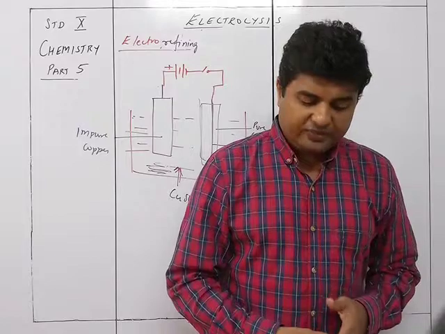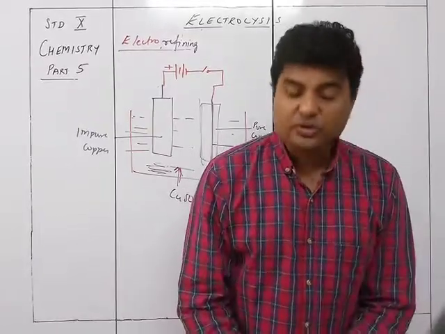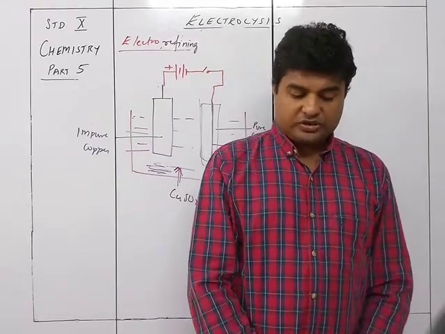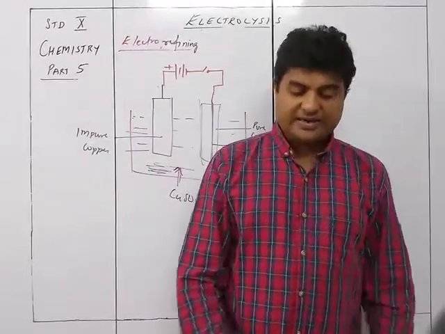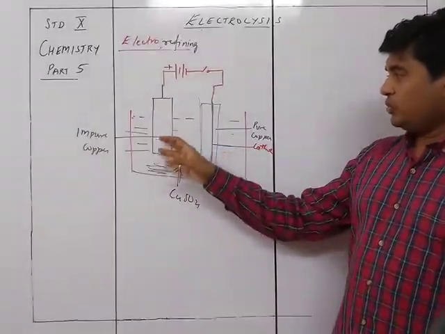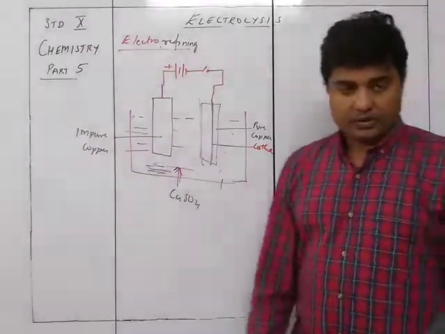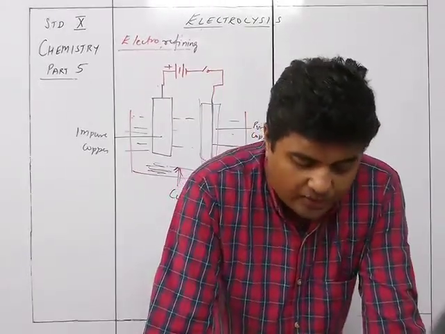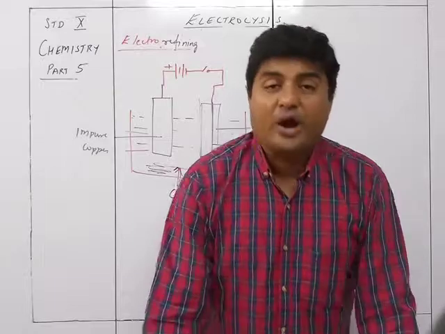Instead, the copper anode itself loses electrons to give copper ions in solution. Hence, the anode diminishes in mass. So the anode will keep on diminishing in mass, and it is going to get coated on the cathode. So the impure block of copper anode gets used up, and the impurities settle down.